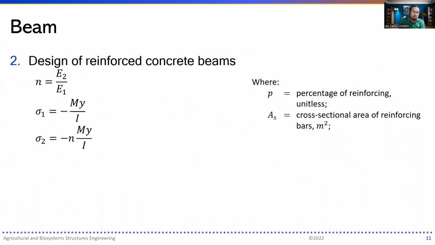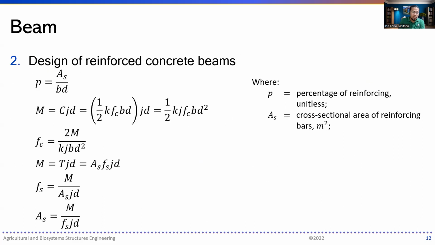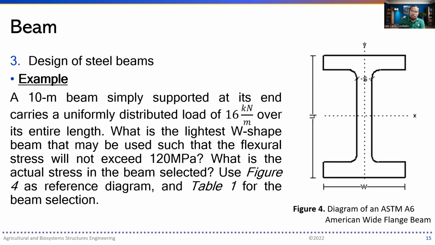You have your My over I, and it's a single material. Now, what is distinct in steel beams is the geometry, because it's usually shaped as an I. This is an I beam, and in this case, it's going to be a very long beam.